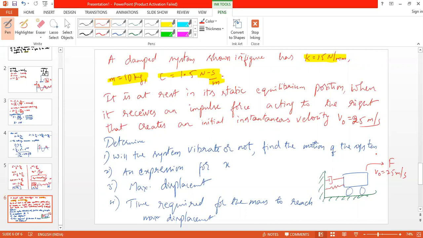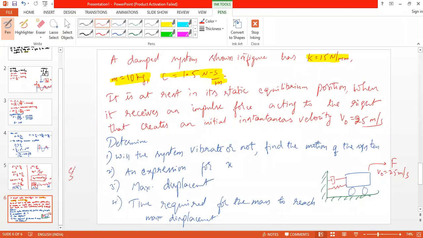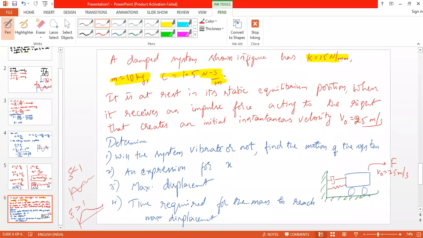So here I need to say whether the system will vibrate or not. If zeta is less than 1, then there will be a vibration. If zeta is greater than 1, there will be no vibration because it will be aperiodic in nature.